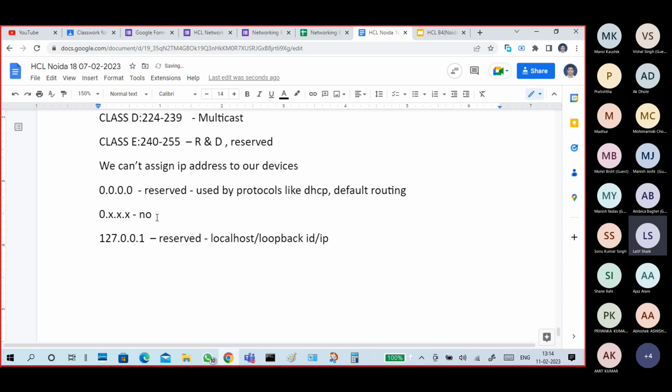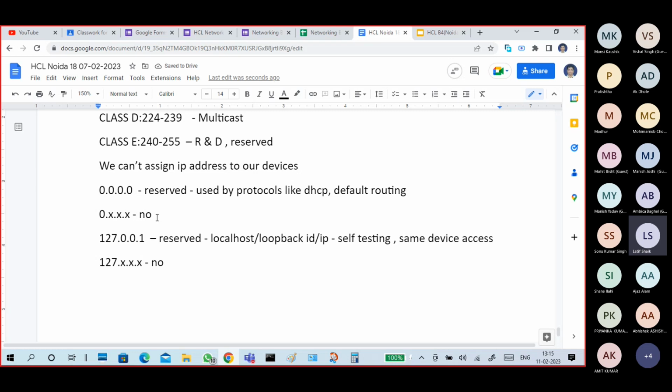What is the use of this one? Self-testing. Self-testing on the same device, this kind of stuff. And also this entire series we cannot assign.